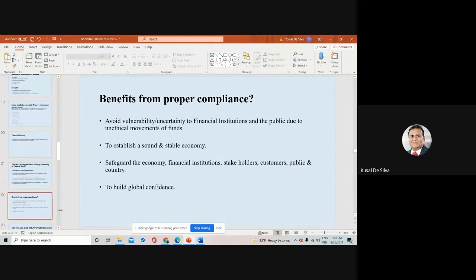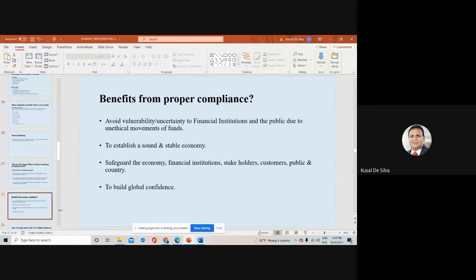So having proper control, proper compliance, proper monitoring, where team members or staff with proper awareness will prevent the movement of unethical funds between accounts or through your channel. So that will basically prevent the bank from being exposed to risk, unnecessary issues, and also fines. To establish a sound and stable economy.